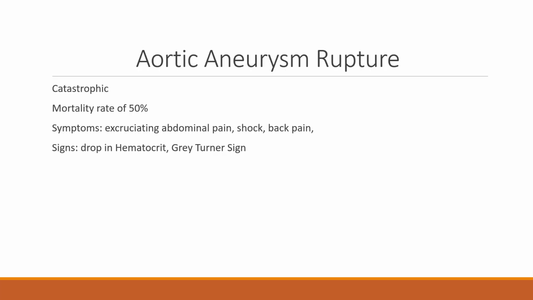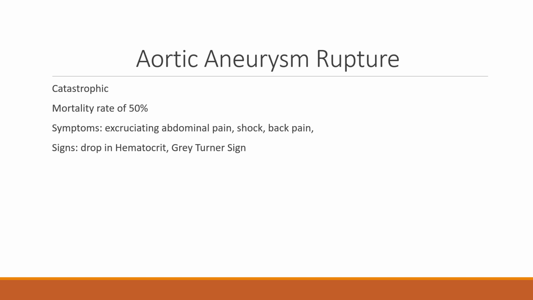Okay, now aneurysms, the biggest danger with them is that they can rupture. So if they rupture, the patient is going to bleed into their abdomen. The symptoms are going to be excruciating abdominal pain. Sometimes back pain is also involved. That may be their only symptom, is very, very bad back pain.